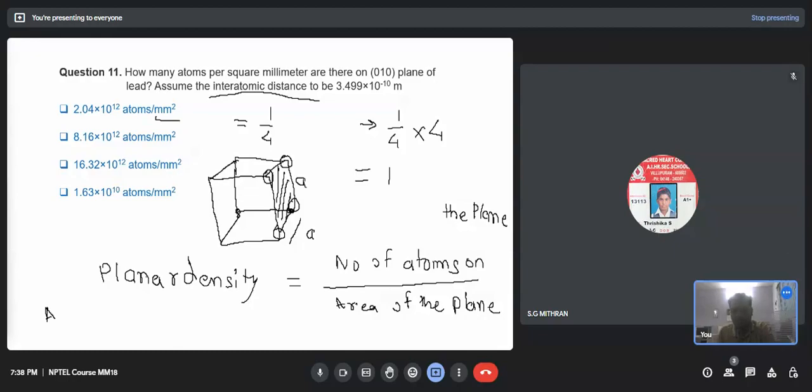So area is equal to a square, and a square is what? 3.499 into 10 to the power minus 10, whole square meter square. But okay, I'll just erase this part.